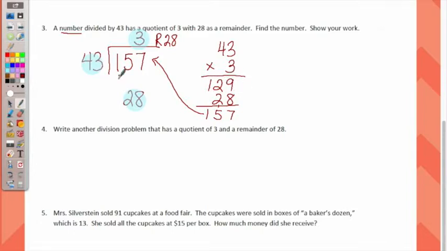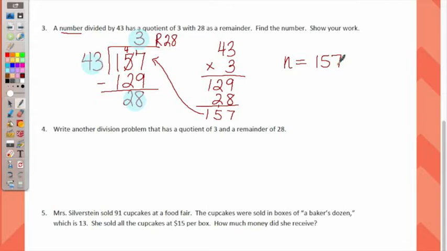What is it? 129. Now subtract. 7 minus 9. You have to regroup. Good. 17 minus 9. 8. 4 minus 2 is, so where do we write? The number equals 157.